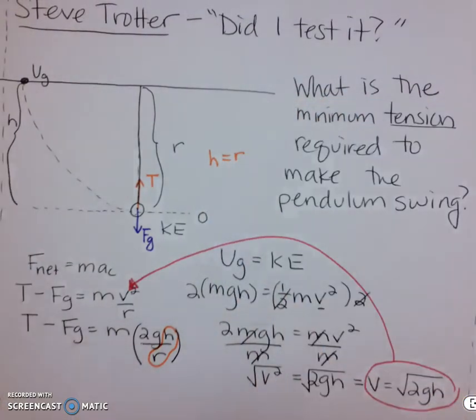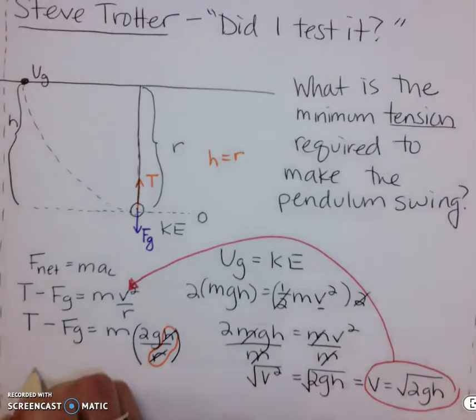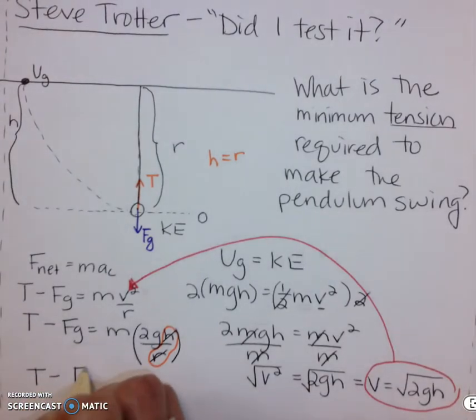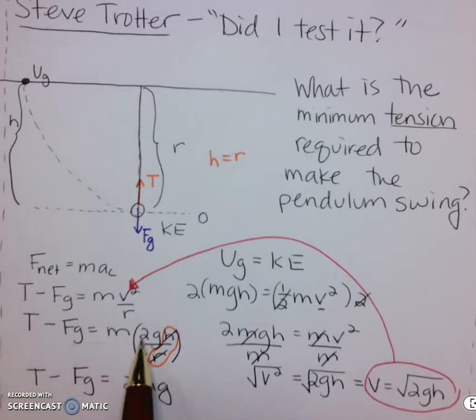And if h is equal to r, that means that this divides out of this term. And I'm left with tension minus Fg equals 2mg. I just rearranged this. 2 times m times g. And then I have to add Fg to the other side.